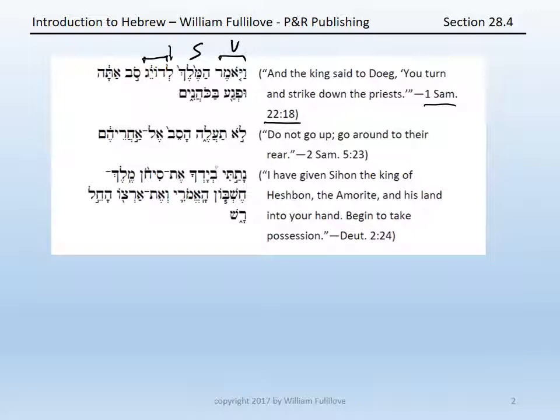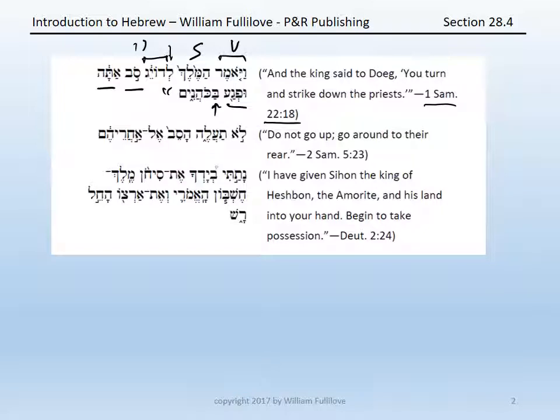And his statement actually begins here. Sov, qal imperative masculine singular of savav, turn, followed by the pronoun ata. So you turn emphatically. Ufga, vav plus qal imperative masculine singular of paga, to strike down.